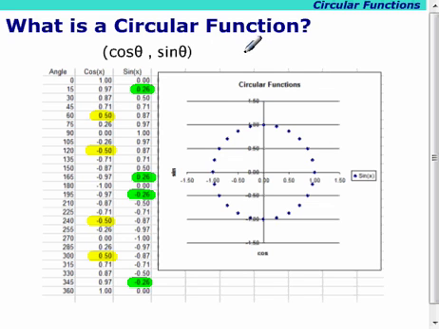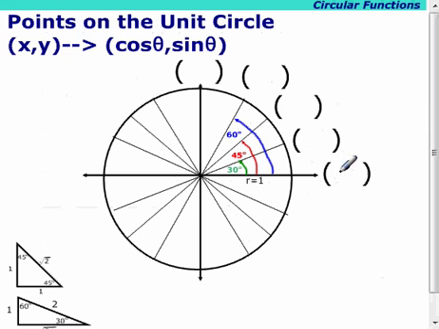So our purpose today is to take a look at what some of these points are. And if we know some of these points, it helps me determine what all the rest of the points are, because they're simply reflections of this initial quadrant. So let's take a look at what the value of cos and sine are for each of these angles in the first quadrant.